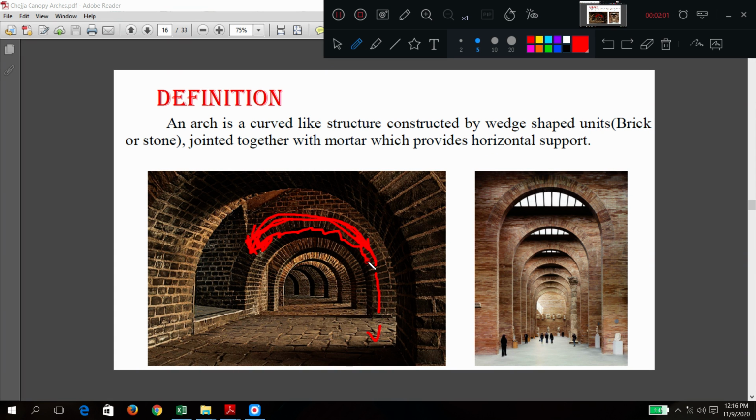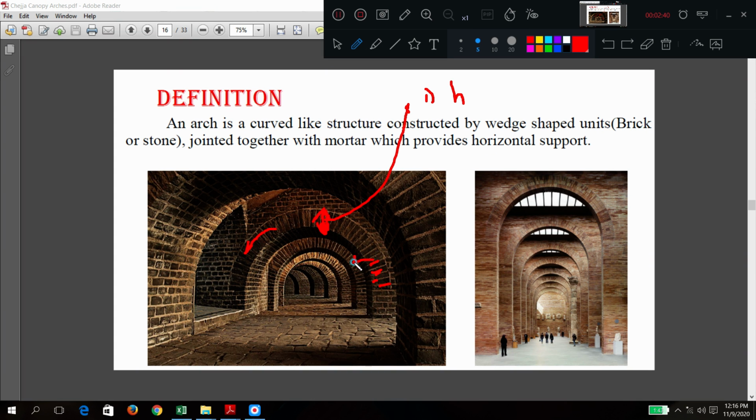If visors are not strong, and if the mortar used in the construction is very weak, if this depth, or another word is height, is a little bit short, if sufficient thickness or depth is not provided, all the three cases: poor or weak visors, poor or weak mortar joint, very less depth or height.